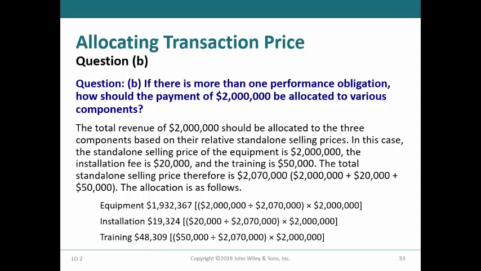Each of the performance obligations' standalone selling prices is divided by the total of the standalone prices of $2,070,000 and then multiplied by the contract price of $2 million. For instance, the equipment costs $2 million irrespective of whether the customer chooses Handler to provide the installation or training.